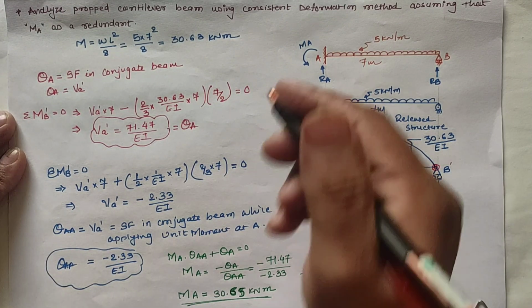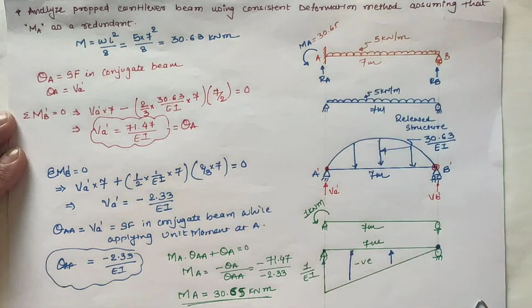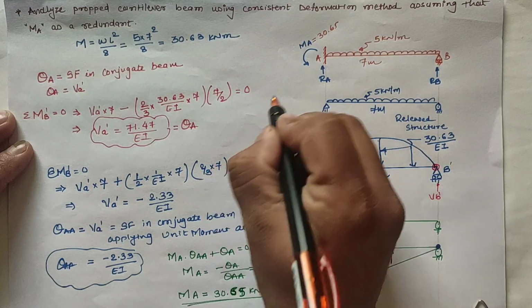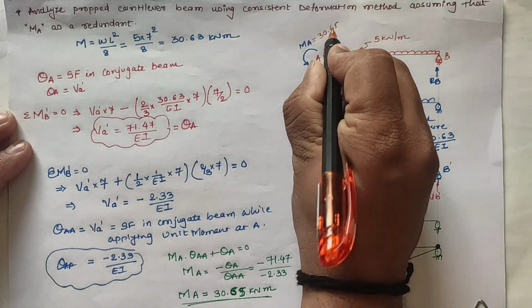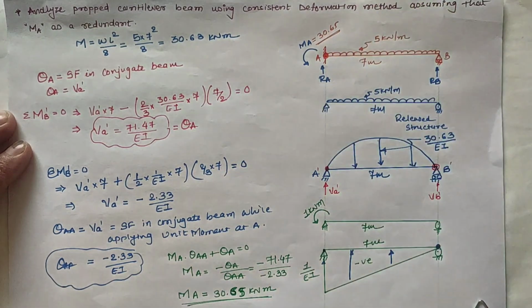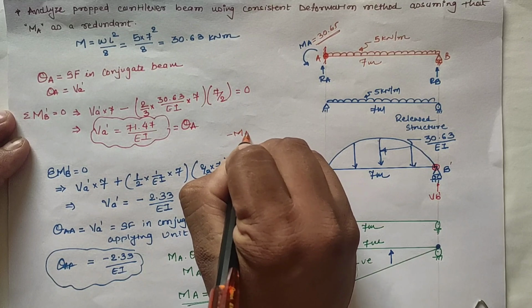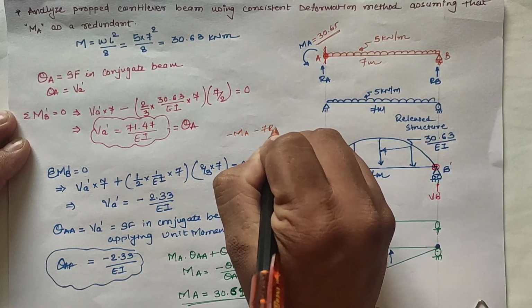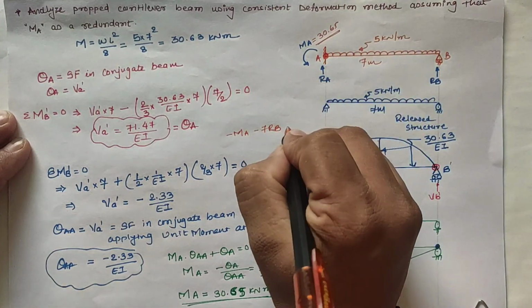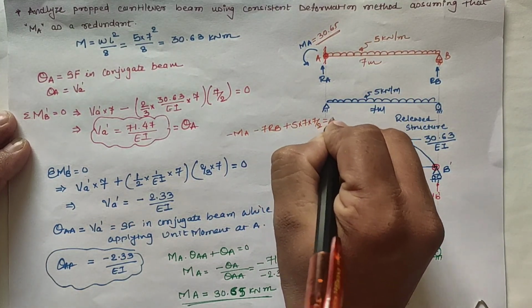Now our value for MA is 30.65, and if we take the moment at location A, then minus MA as an anticlockwise moment, minus 7 times RB as anticlockwise, and plus 5 into 7 into 7 by 2, is equal to 0.